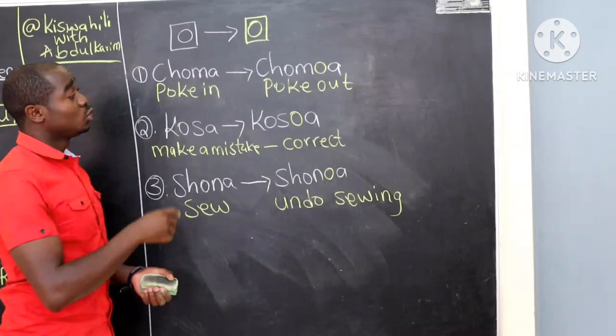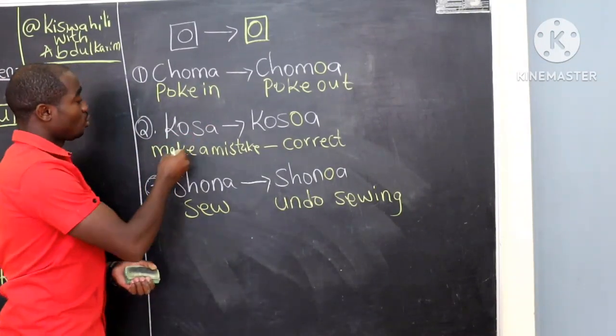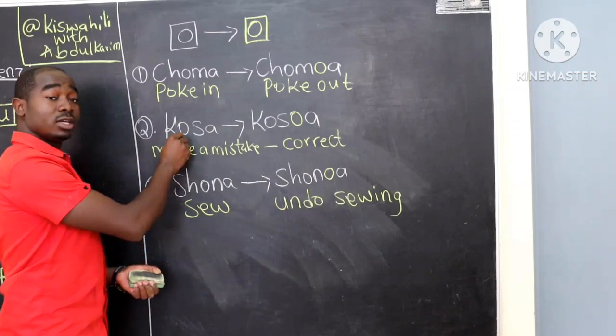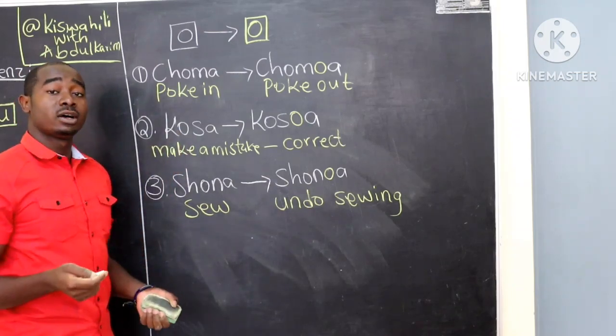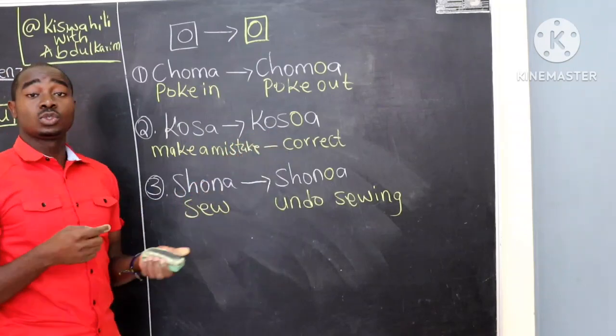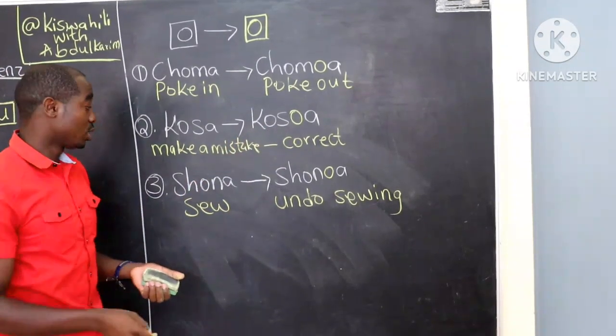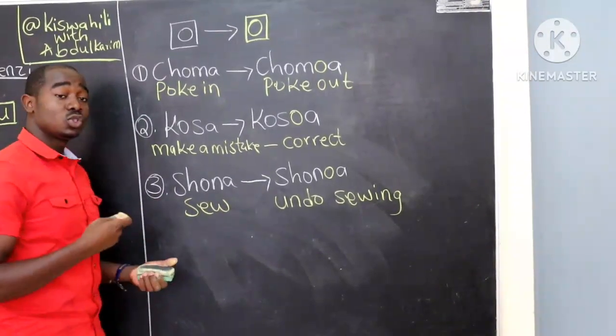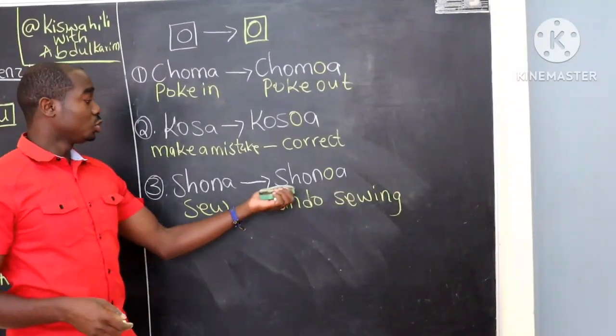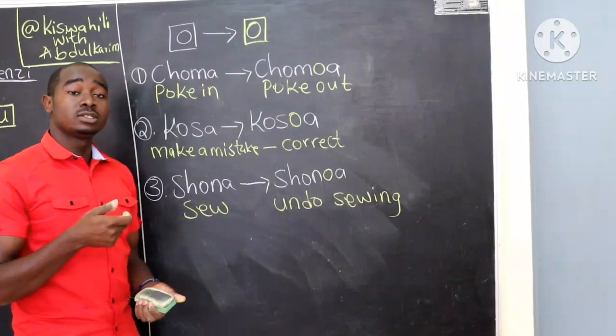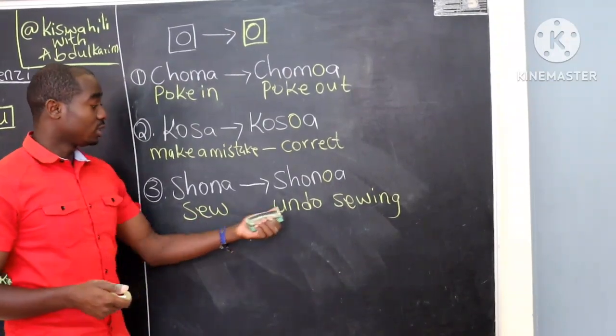Chomoa, okay? Choma, chomoa. Kosa is to make a mistake. Kosoa is to correct, to correct a mistake. Shona, to sew a cloth. Shonoa, to undo sewing.